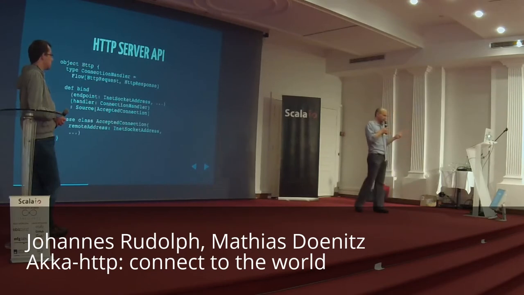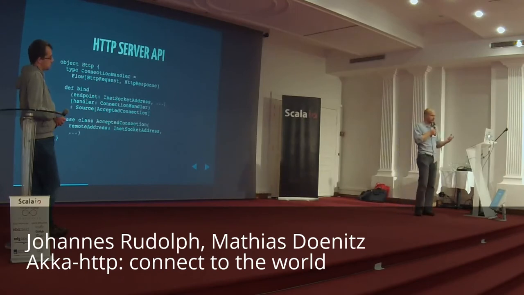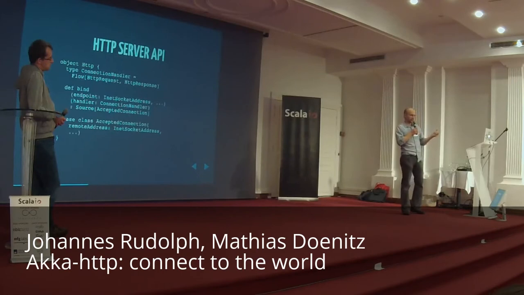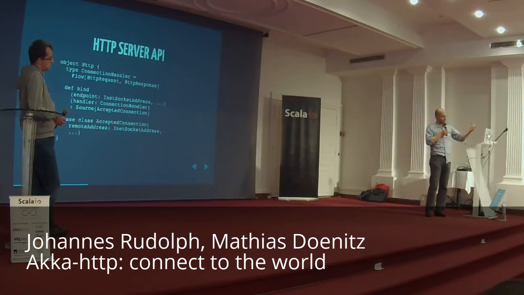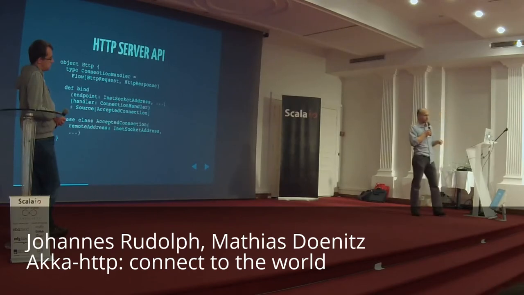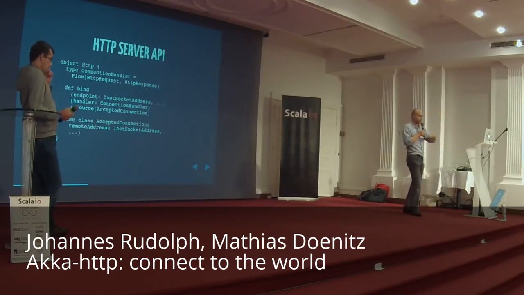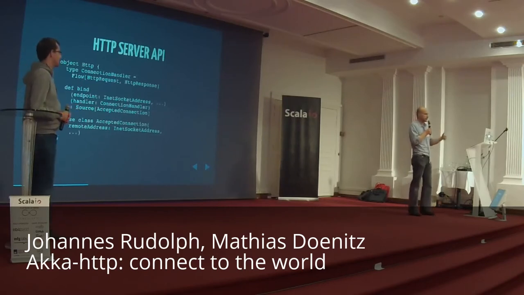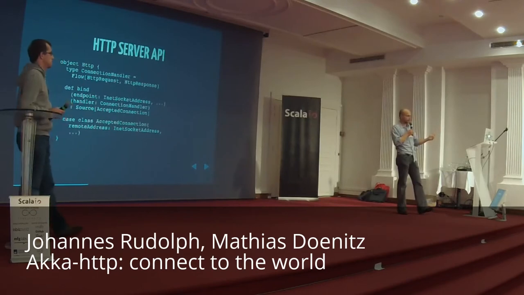And what you get out of this is a source. That's another abstraction in reactive streams. It's the endpoint of a hose that you can decide to read off if you want to. And if you decide to actually open that source and read out something, so demand something, give me the next connection, then this will actually cause the server to accept the next client connection that is trying to connect. Right?